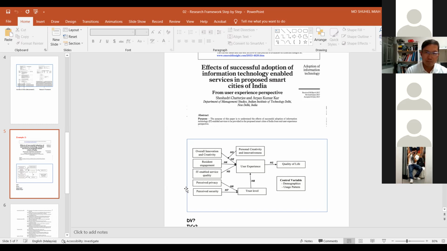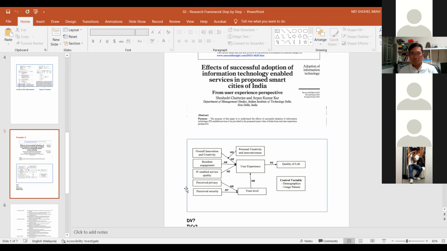Now, what is moderating? Moderating here is trust level. The moment you have more trust, you have more quality of life. User experience will increase when you have trust. When you don't have trust or have less trust, user experience will reduce, or become bad experiences. This is known as moderating.